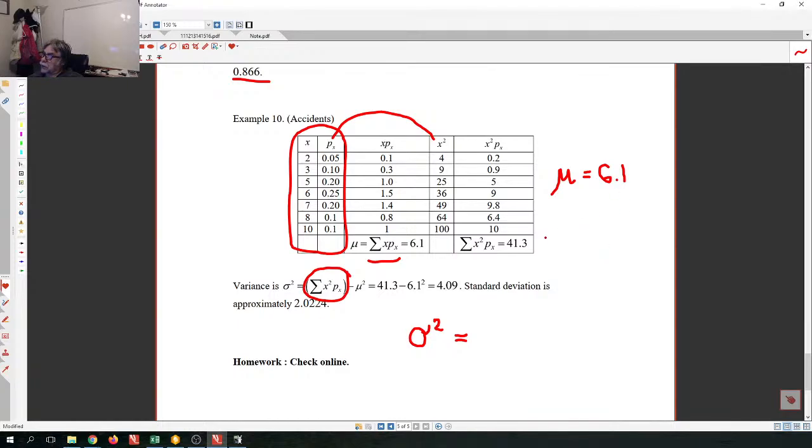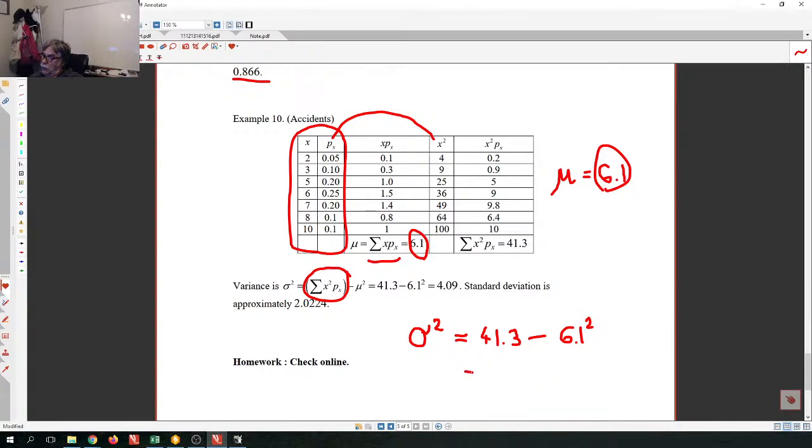The expectation of a square is 41.3 minus the square of expectation. Here's the expectation. Let's hear it one more time, right? That ought to be squared and subtracted. Alright?